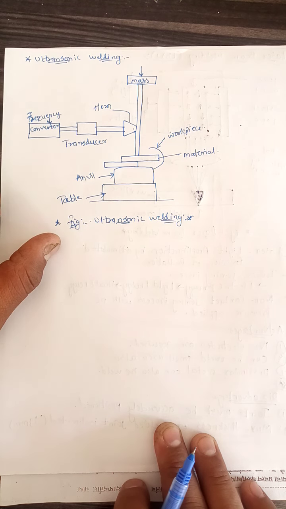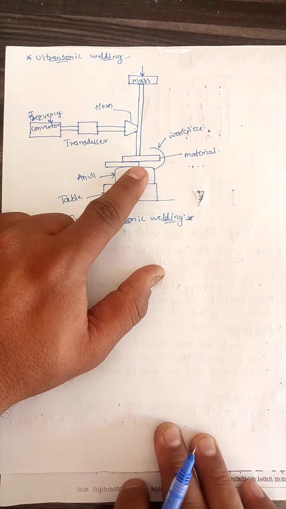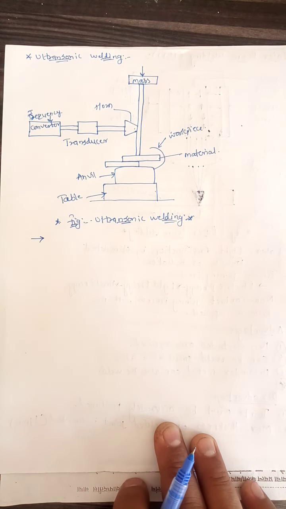Due to the heat, the workpiece of ultrasonic welding, which is mostly plastic, gets welded. Then there is an anvil which supports the plastic material to get properly welded, and there is a table.